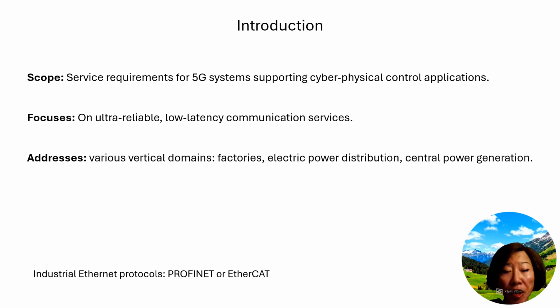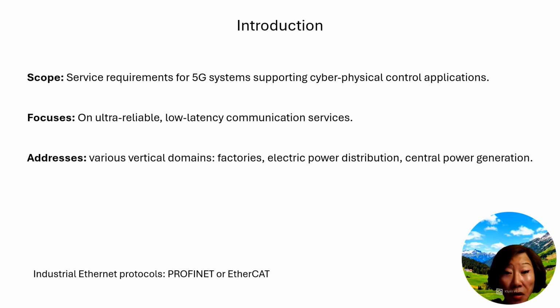Ultra-reliable low-latency communication in 5G is designed to support applications that require extremely low latency, as low as 1 millisecond, and high reliability up to 6 nines, 99.9999% success rate.